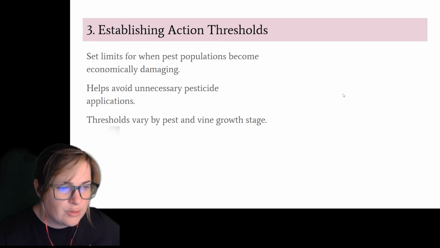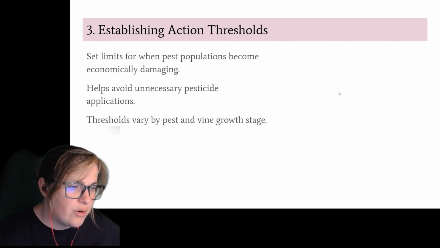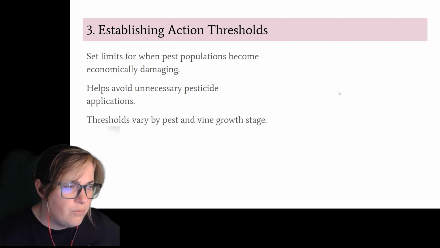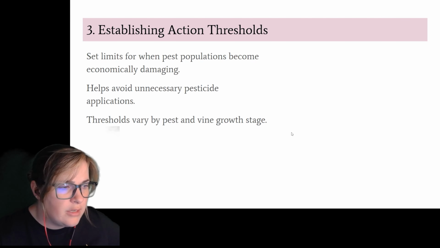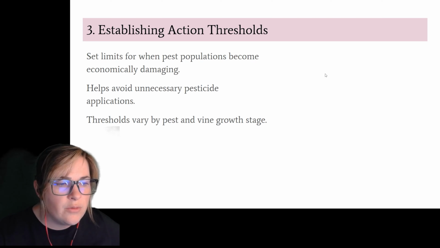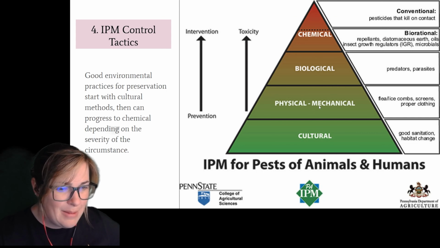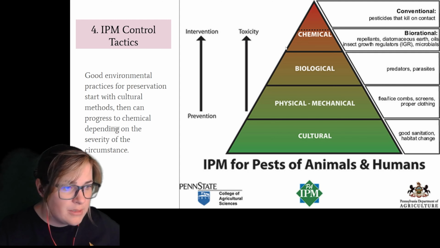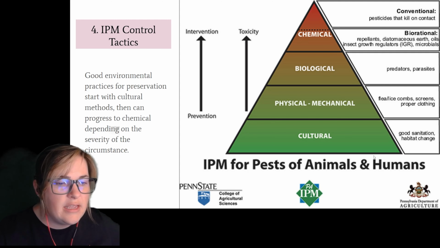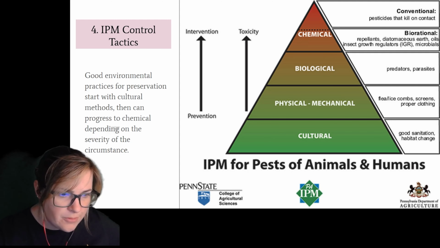Establishing an action threshold. I think you guys are already pretty well versed on the subject, but we didn't involve any calculations or anything in this presentation, so I don't think I will be asking you anything about that. However, this pyramid is very important, and understanding the progression of responses in accordance to the situation in your vineyard is very important, right?